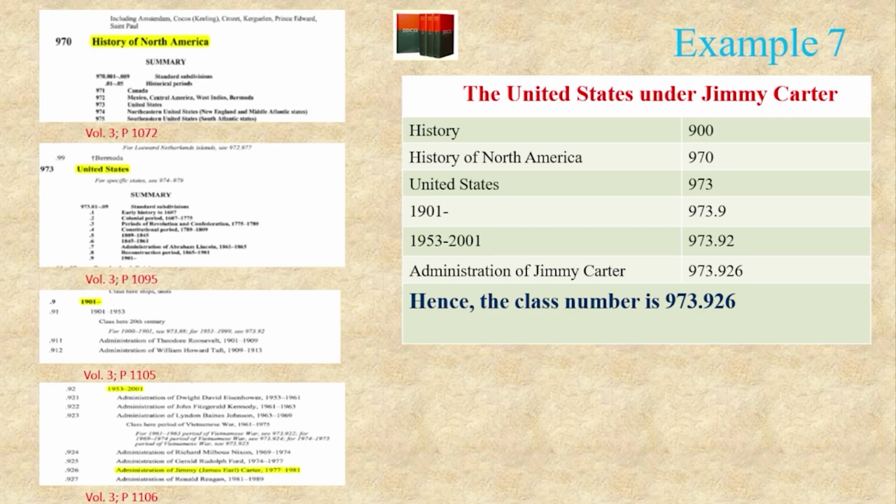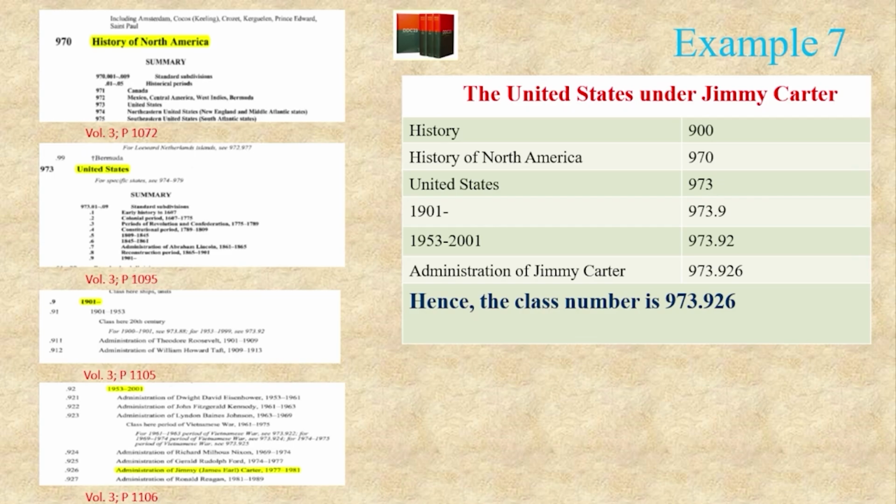So history falls under 900, history of North America 970, then history of United States falls under 973. Then the period 1901 towards comes under 973.9. Then 1953 to 2001 falls under 973.92.